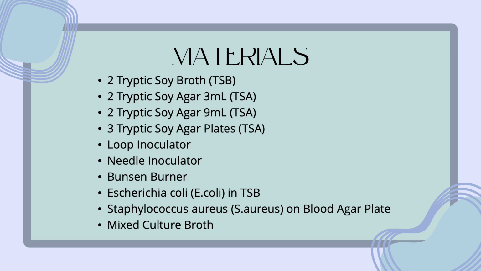We used a loop inoculator. We used a needle inoculator, a Bunsen burner, Escherichia coli or E. coli in TSB, Staphylococcus aureus, also known as S. aureus, on blood agar plate, and mixed culture broth.